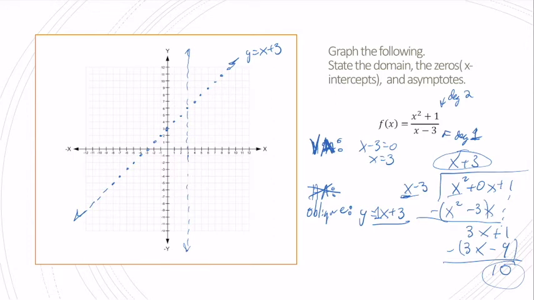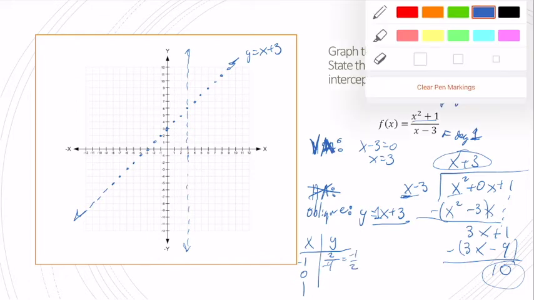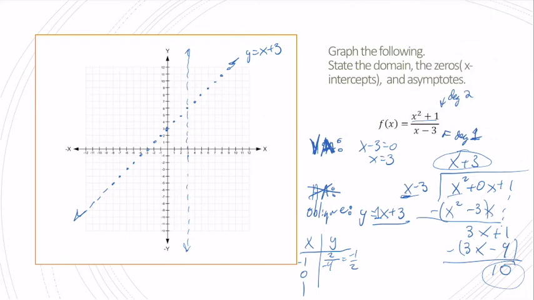Okay, so if I have x squared plus 1 over x minus 3, on the left of my vertical asymptote, I'm going to plot 1, 0, and -1. So I have -1 squared plus 1, that's 2, over -1 minus 3, that's -4, so I have -1/2. So when x is -1, y is -1/2. So we're down here.